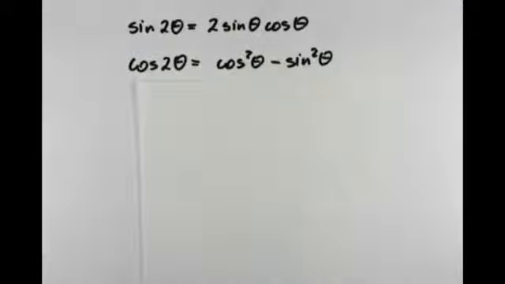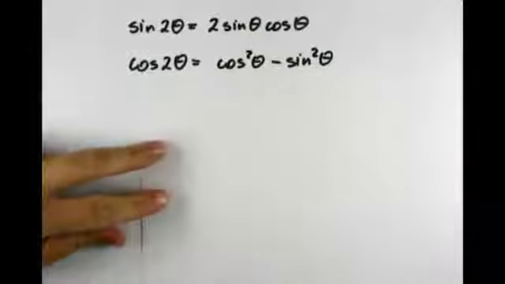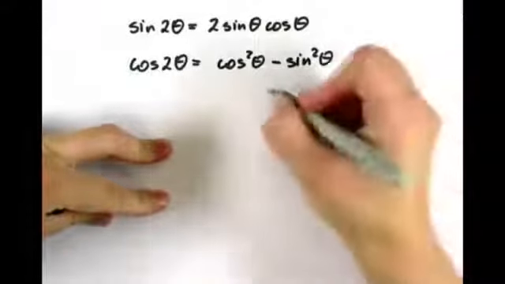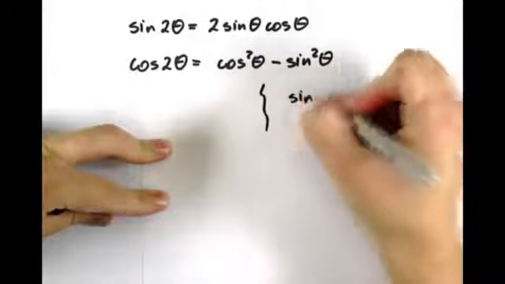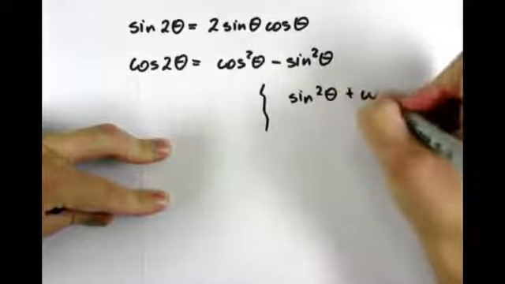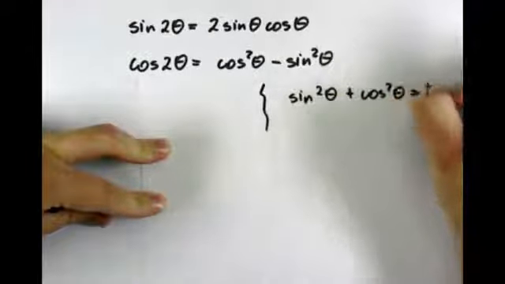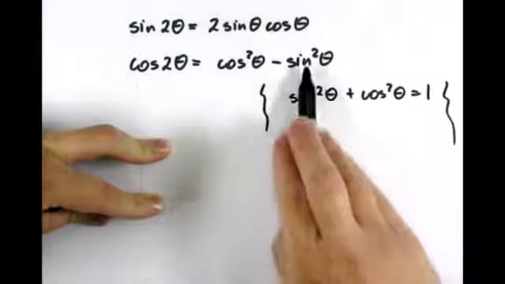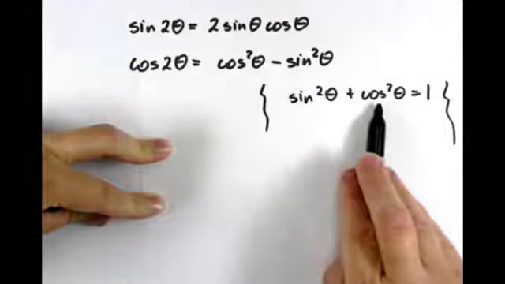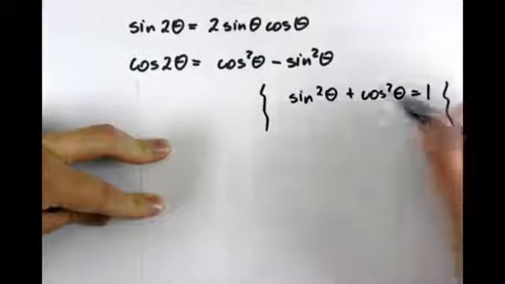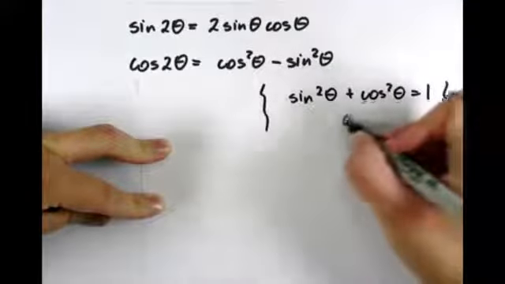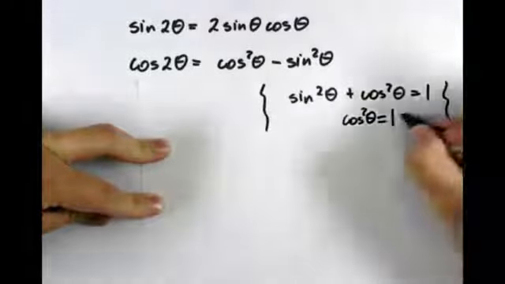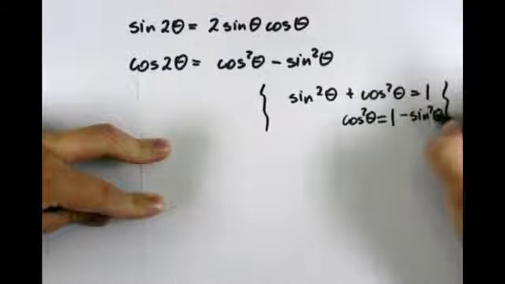We can substitute. We do know that we have the trigonometric identity, trigonometric 1. What that means is that sine squared theta plus cos squared theta is 1. Okay, from this I can substitute for sine or for cos. So if I first solve it for cos, bring this sine over, I have that cos squared theta is equal to 1, bring this over, minus sine squared theta.